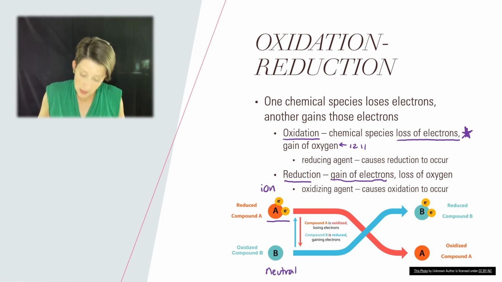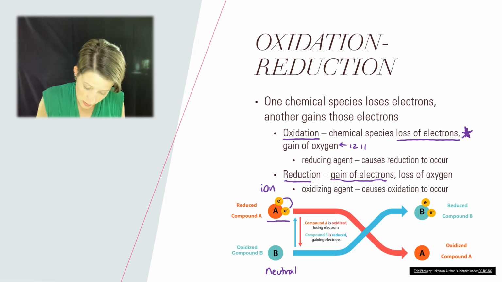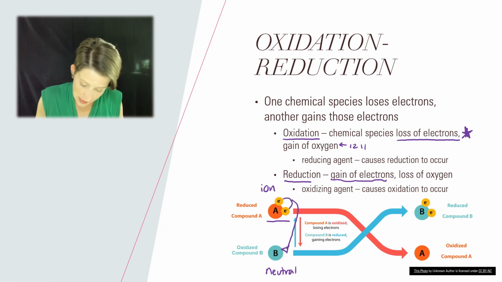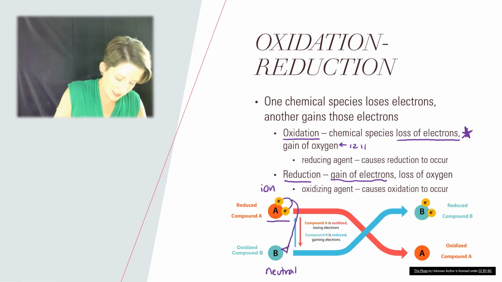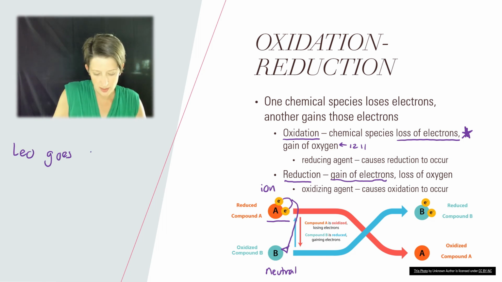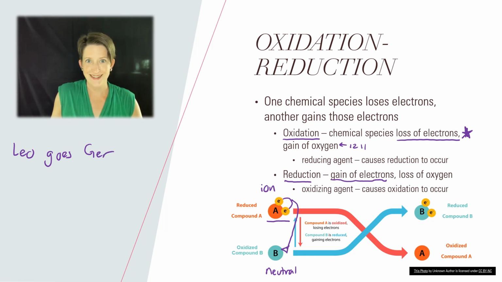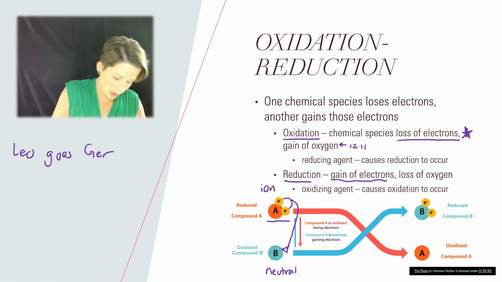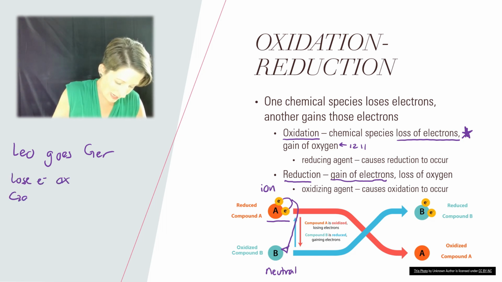A is going to lose those electrons to B. To help us understand this, Leo goes grr: lose electrons, oxidized; gain electrons, reduced.